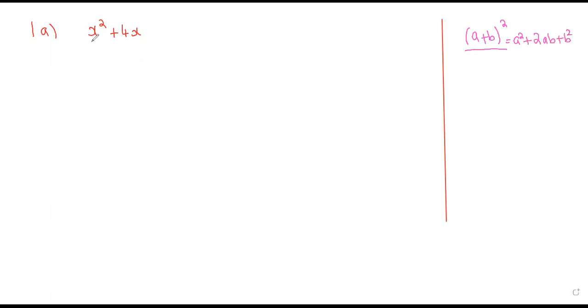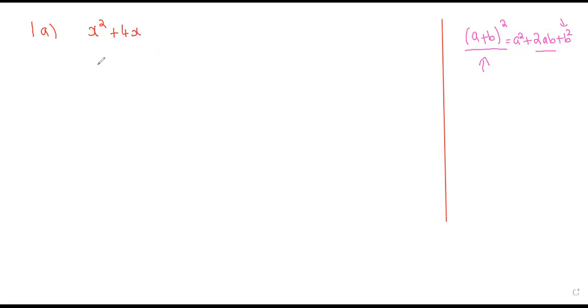In order to complete the square, I need something here such that I get this thing. This something would come using this idea, so it is 2ab. In my case, I have x squared plus 4x. I'll be using the terms a and b for reference, although we have x and 4 here.